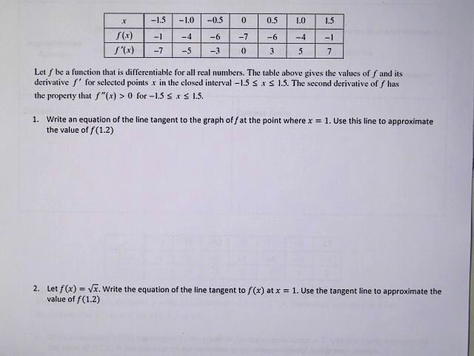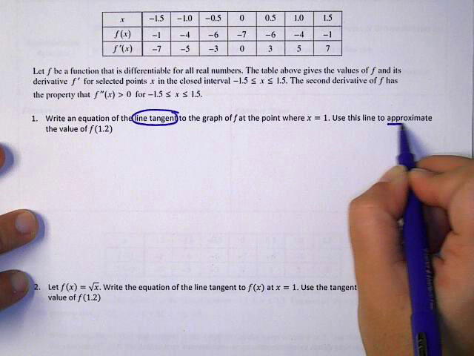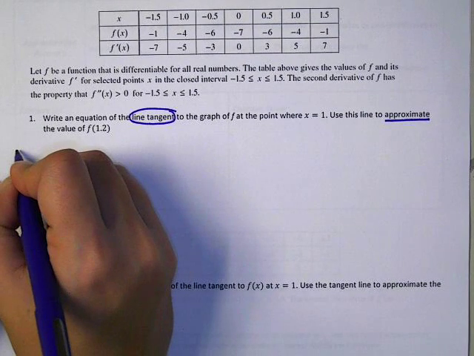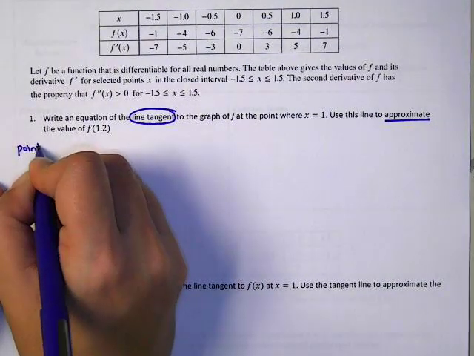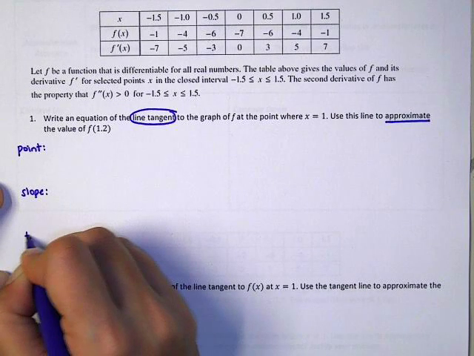Use this line to approximate the value of f of 1.2. As soon as I see that we're writing the equation of a tangent line and we're going to use it to approximate a value, it tells me I need a linearization. So I'm going to start by figuring out a point and a slope and writing my tangent line.